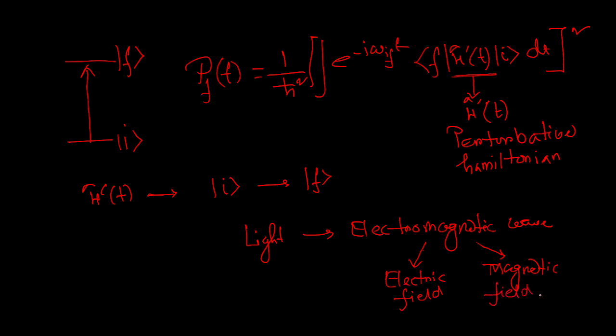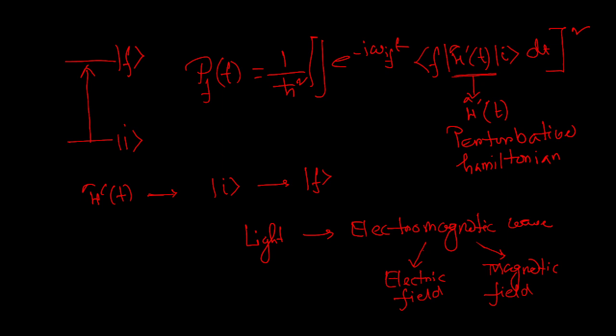These two are fields, but we have to incorporate the field as an energy term that can be considered as a perturbative Hamiltonian. Some transformation of the electric part and magnetic part of the wave or light will contribute to the perturbative Hamiltonian as a potential.